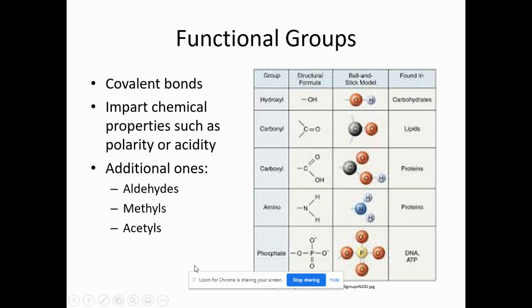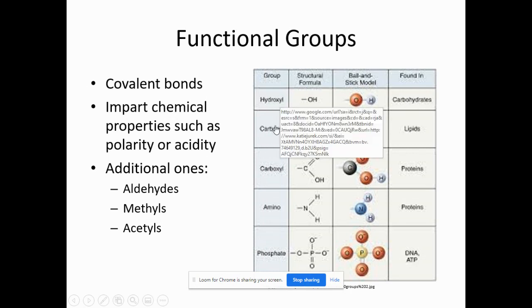Now, how those molecules attain their chemical properties is through the presence of different functional groups. These functional groups are attached to other atoms in the molecule through covalent bonds, and they give the organic molecules their chemical properties, such as polarity, such as acidity. Here are some major ones listed here.